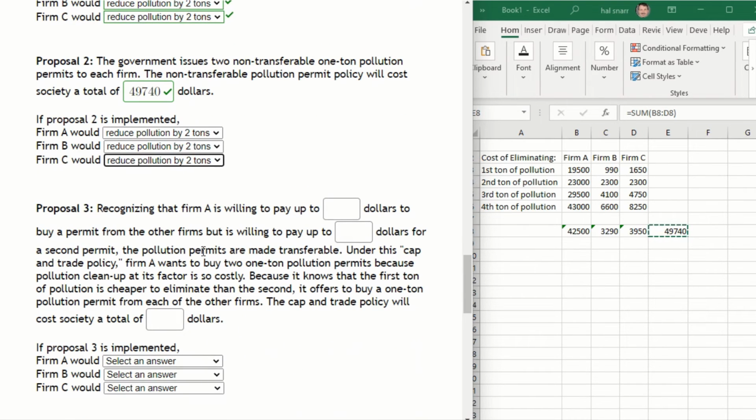Now, here, in Proposal 3, you've kind of thought things through a little bit. You're trying to figure out a lower cost to society, right? I mean, you're a politician, and if the cost of society is extreme, that might result in high levels of unemployment.